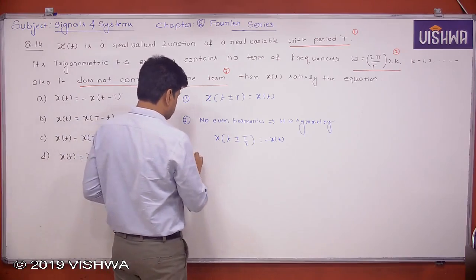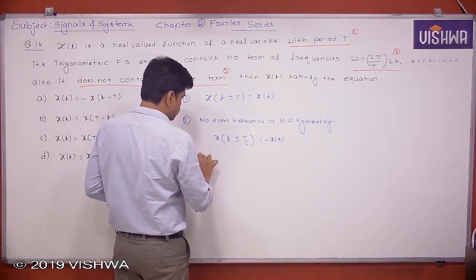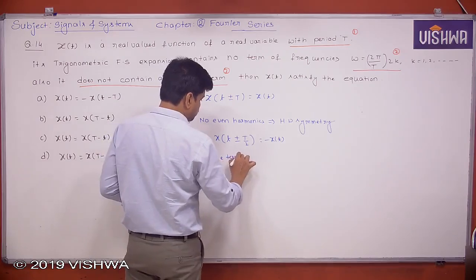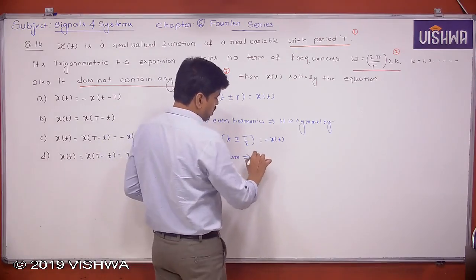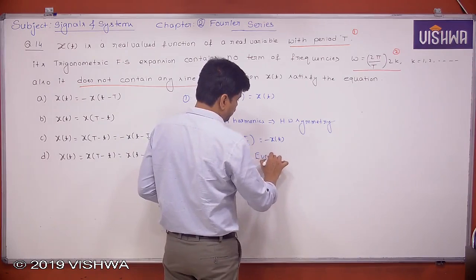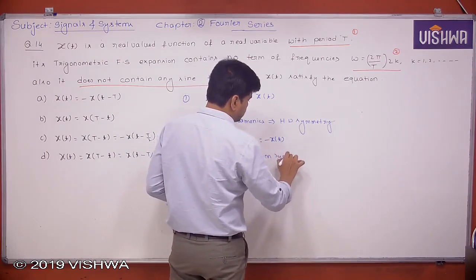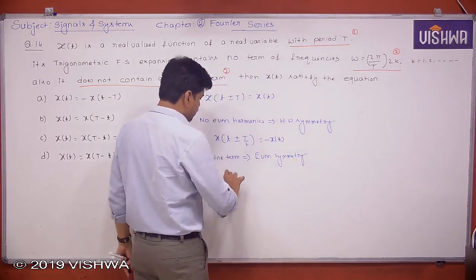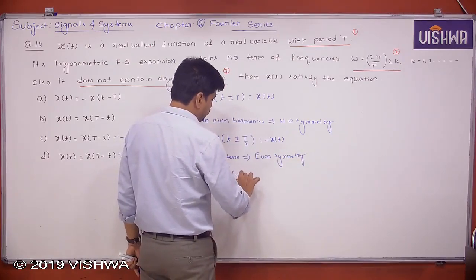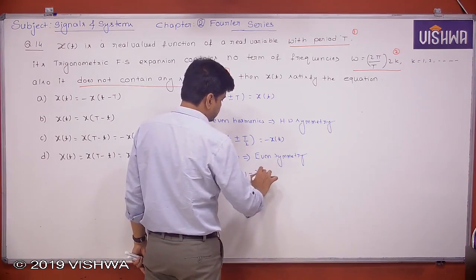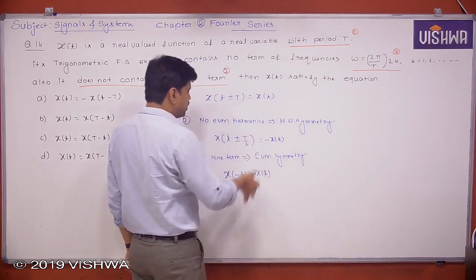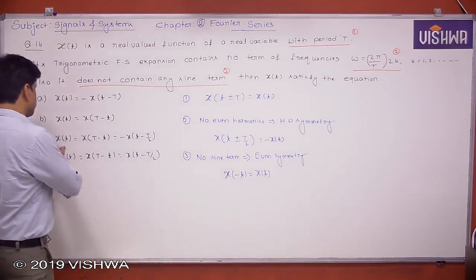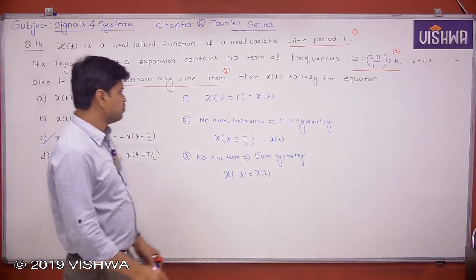So third point, no sine term implies even symmetry. If it is even symmetry, we know that x of minus t is equal to x of t. By combining all of them, which option is going to be correct? That is option C. Let's see how.